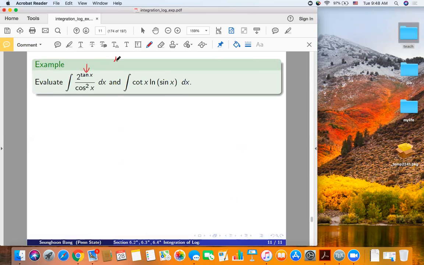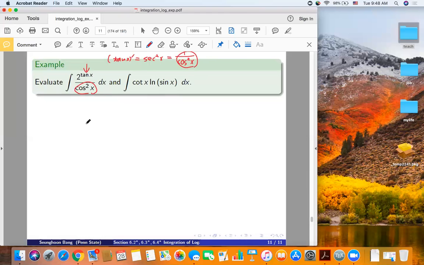Do you know tangent x prime? Yes, secant square of x. Thank you. You can change it: secant square of x is 1 over cosine square of x. What happens? 1 over cosine square of x is here. What's u? U is 10x.